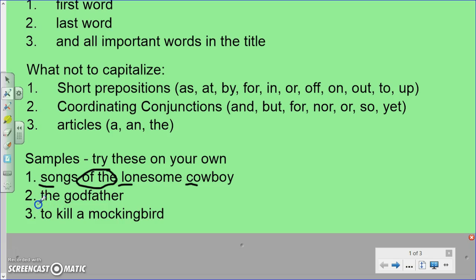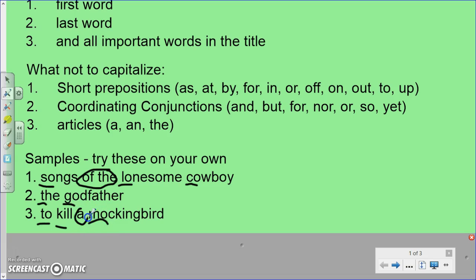Now for number 2, the T in The and the G in Godfather. The is capitalized even though it says here what not to capitalize under articles, because it is the first word of a title. It fits within the rule that it needs to be capitalized. Now in this last one, To Kill a Mockingbird, we capitalize the T in to, the K in kill, and the M in mockingbird.